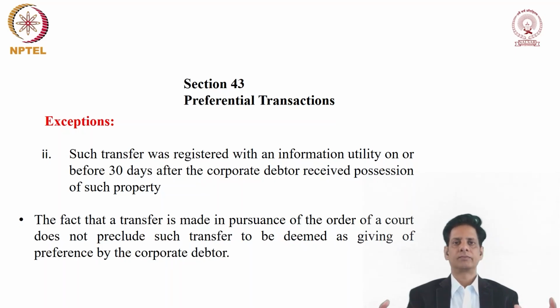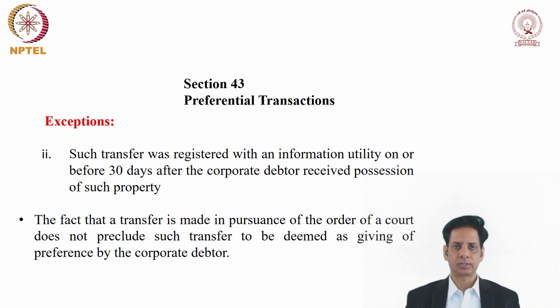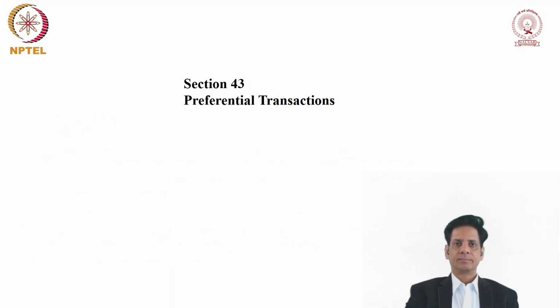If there is a dispute between two parties, the court may order transfer of property to one party without actually going into the details of avoidance transactions. But just because there is an order of the court, you cannot say that this is not an avoidance transaction. In spite of being an order of the court, the transaction may still be termed as an avoidance transaction and may be cancelled by the adjudicatory authority if it is so proved by the resolution professional or liquidator with substantial evidence.